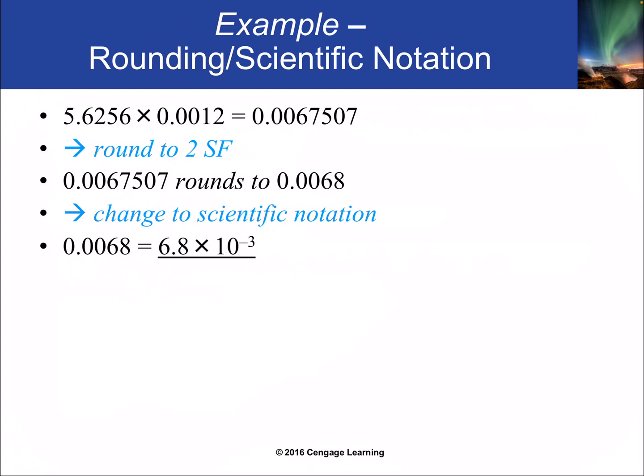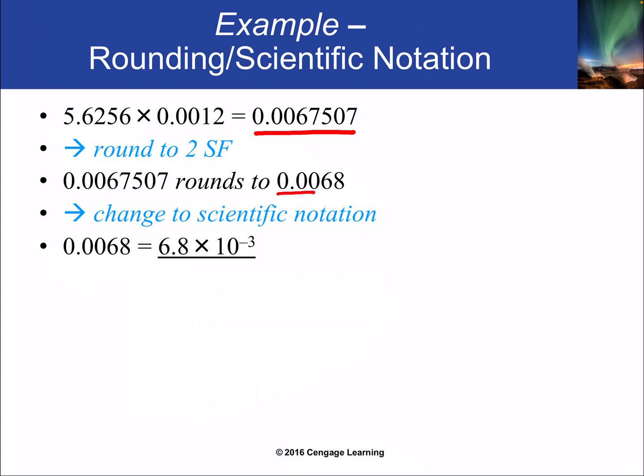So here we have this multiplication, and we're going to go back a little bit and talk about scientific notation, just some more examples. You're asked to do this calculation and round to two significant figures. So this is your answer that you get. I need to round it to two significant figures.